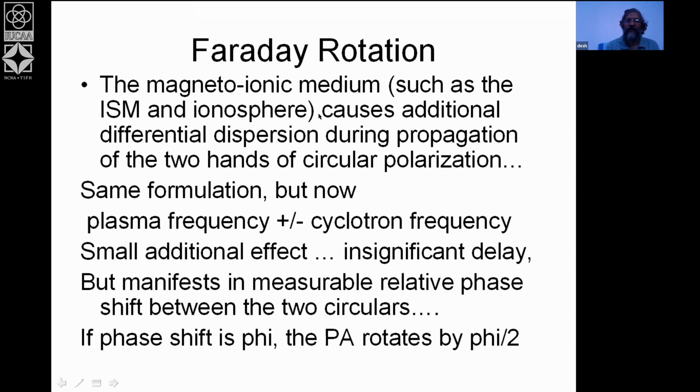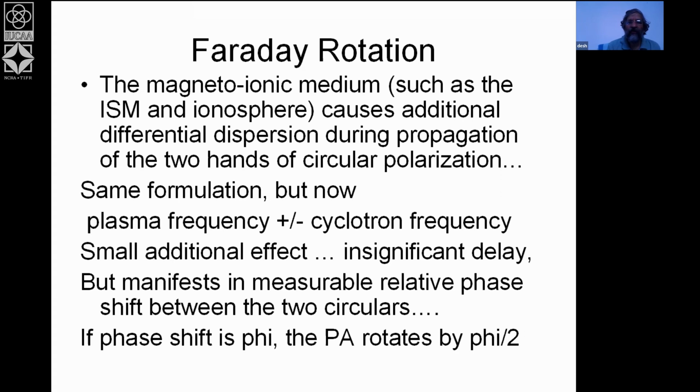You can think of this as a simple dispersion effect, which you worked out yesterday, which Prakash walked you through. And you can think of two states of polarization into which any arbitrary polarization can be considered as split, being a superposition of them.